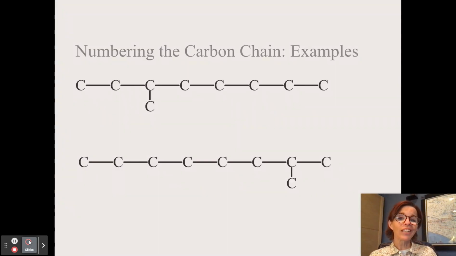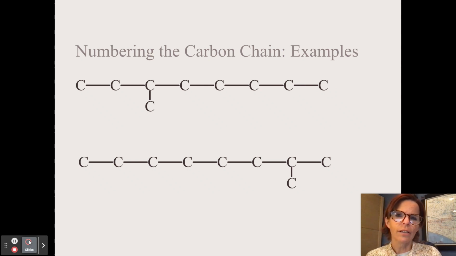Okay, so first of all, let's number the carbons. So remember, we have to go with the longest chain. So 1, 2, 3, 4, 5, 6, 7, 8. There are 8 carbons. So this is an octane. And I could number it 1, 2, 3, 4, 5, 6, 7, 8. Or I could start at this end and number it 1, 2, 3, 4, 5, 6, 7, 8.